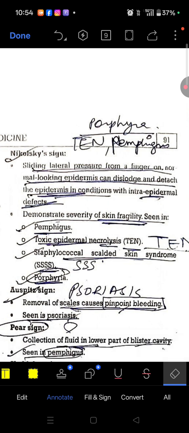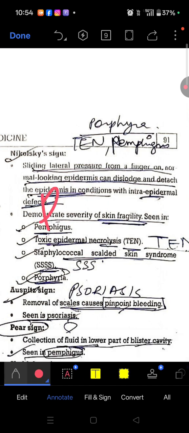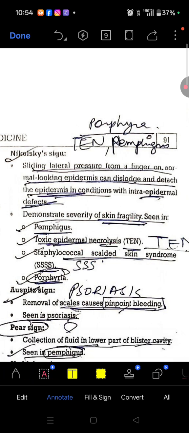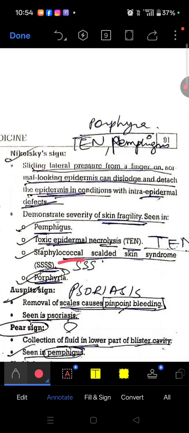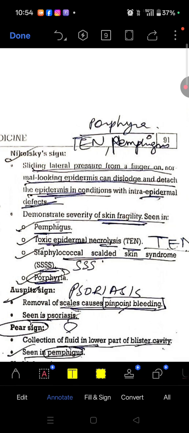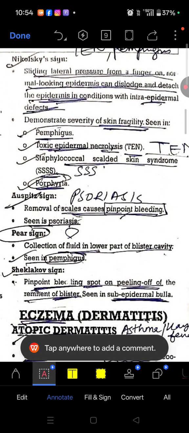So epidermis is injured here, so here Nikolsky sign is positive. And also staphylococcal scalded skin syndrome, skin fragility is there, so this will be positive. So remember the examples of Nikolsky sign.